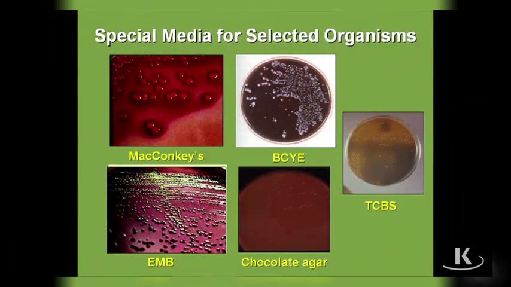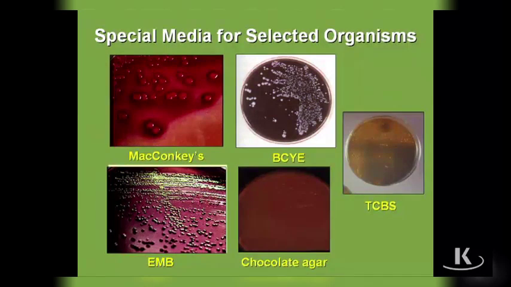So selective, we're selecting for the growth of a certain type of bacteria. Differential, we're helping to differentiate between a property that the organism has, with McConkey agar really being probably one of the most important. Okay? What I'm showing here are some of the different types of medium.